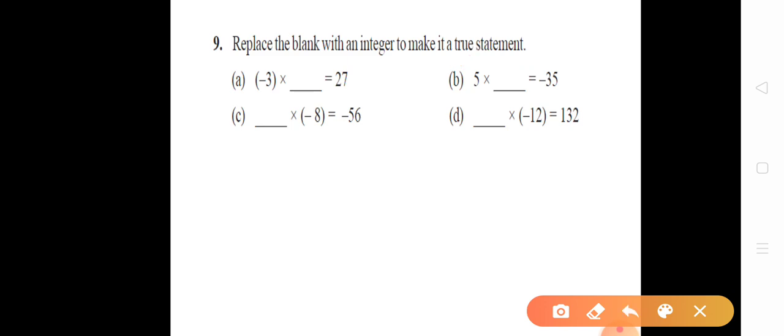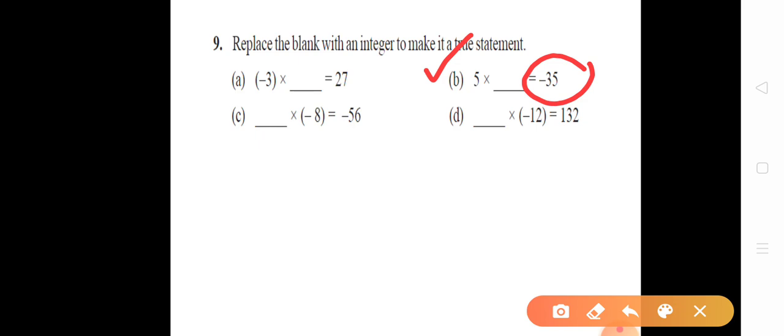Now let's solve number B. 5 into dash will give you minus 35. Those who are expert in the multiplication table, and I'm sure all of you will be till class 7, 5 into 7 will give you 35, but as you can see, it is a negative number, right?